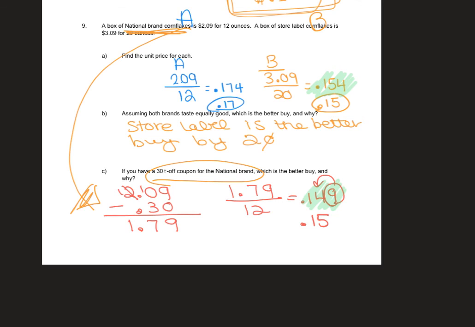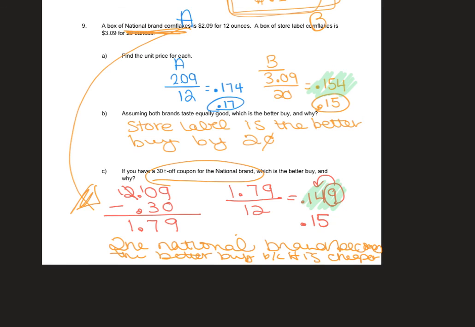So rounded, they're the same, but not rounded with that coupon, the national brand becomes the better buy because it's cheaper with a coupon. All right.